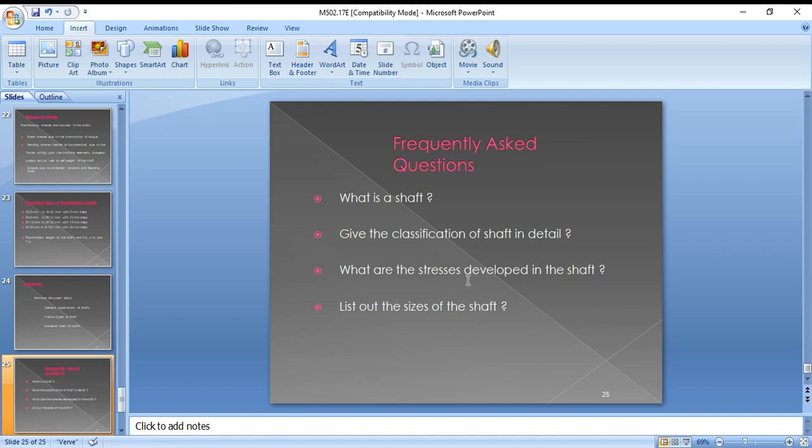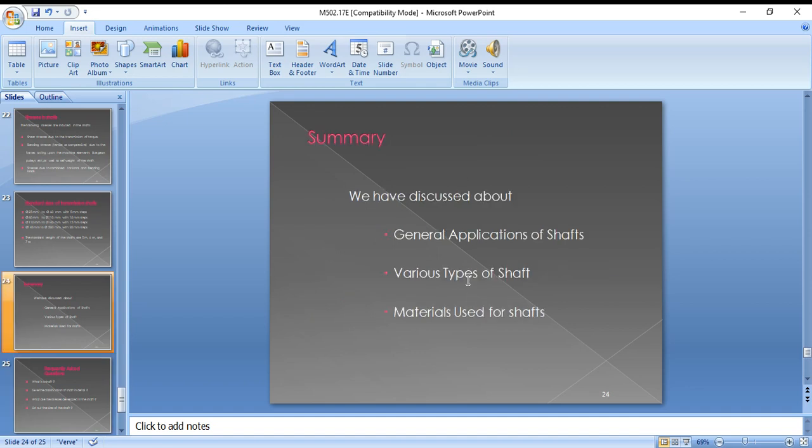We'll see in the next class the design of the shaft based on torsion and strength, and problems on these stresses. So this is about shaft.